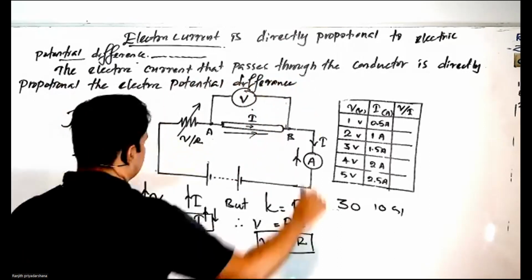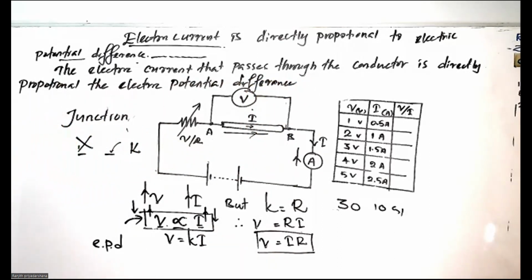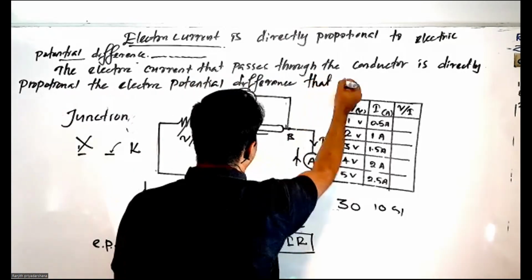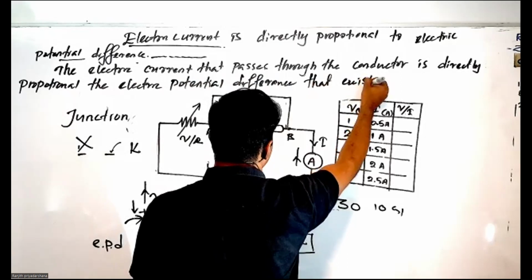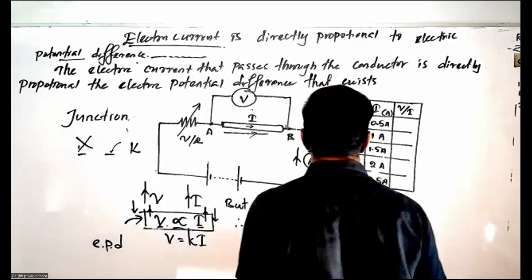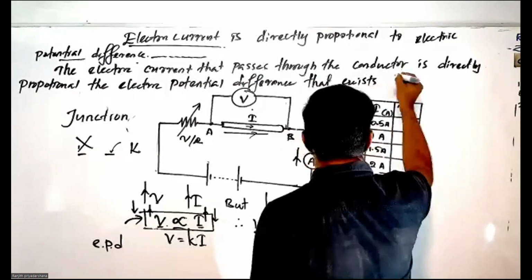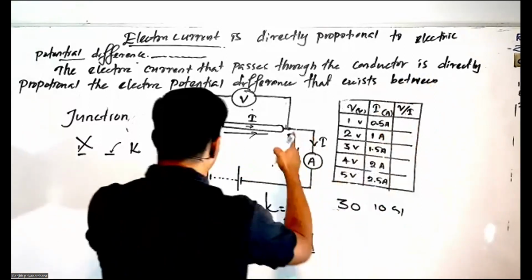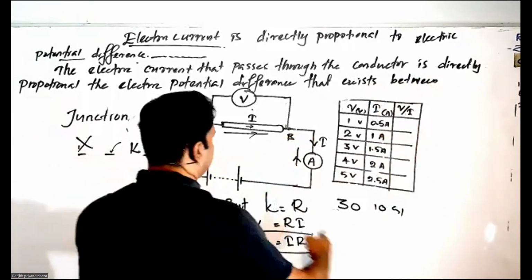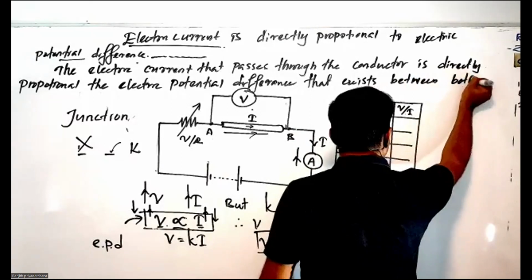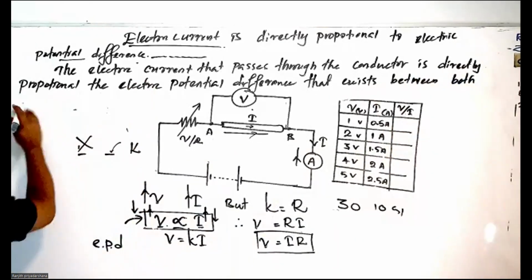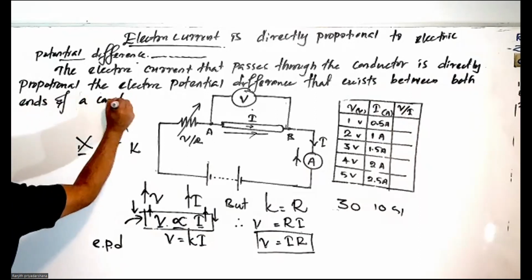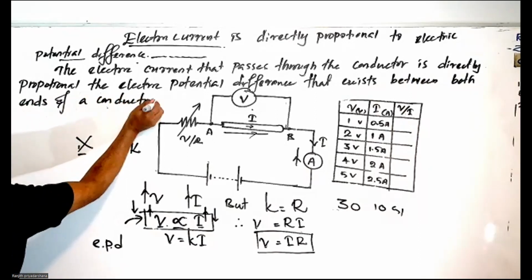Which electric potential difference? The one that exists between both ends of a conductor.